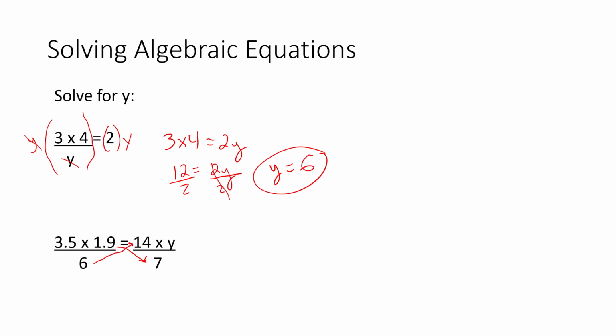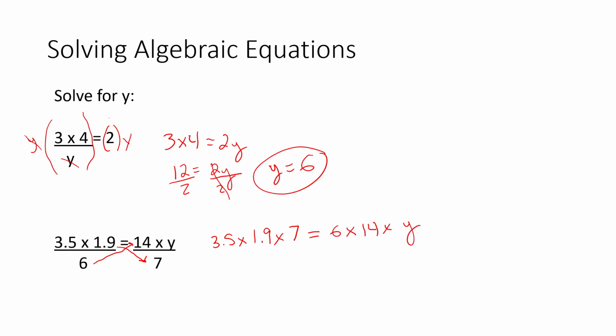So when I do my cross multiplication, I'm going to do 3.5 times 1.9 times 7, and I set that equal to 6 times 14 times y.